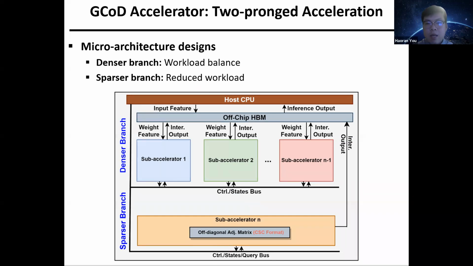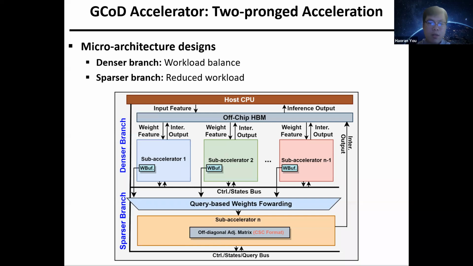It at the same time handles the remaining irregular but significantly reduced sparse workloads, mostly on chip, according to preloaded index information, benefiting from the compressed sparse column format representation of the adjacency matrix. Also, we consider a query-based weight forwarding module that enables the sparse subaccelerator to query the weights or combination results from the denser branch. Such queries are on demand, so it can directly load from the subaccelerator in the denser branch instead of off-chip memory.